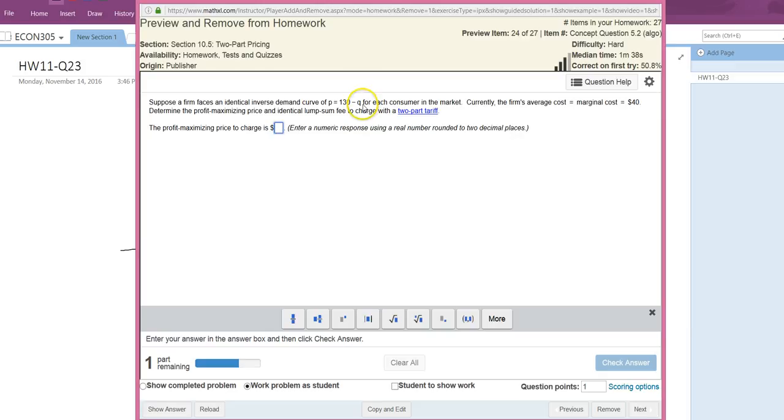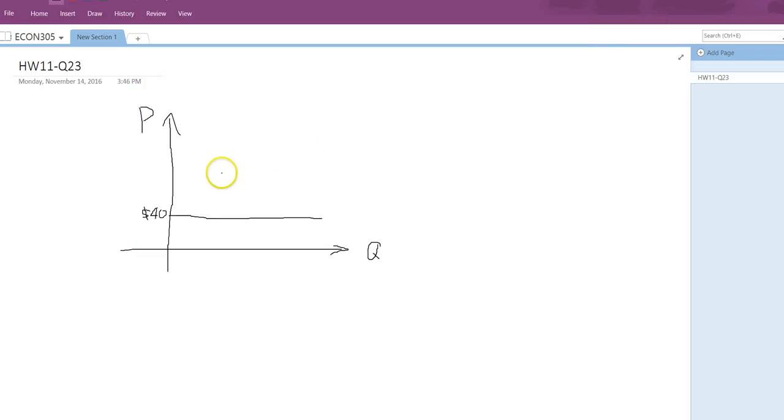To locate this straight line, we just need two intercepts. One is the vertical intercept, the price axis. That's when quantity equals 0, and then price equals 130. So that's the first point.